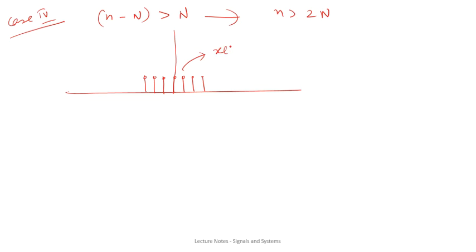This is x[k] from minus N to N. Now it is given that this n minus N is greater than N. So now this signal h[n] will be drawn like this.